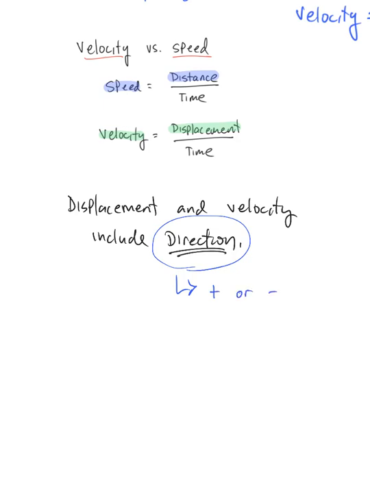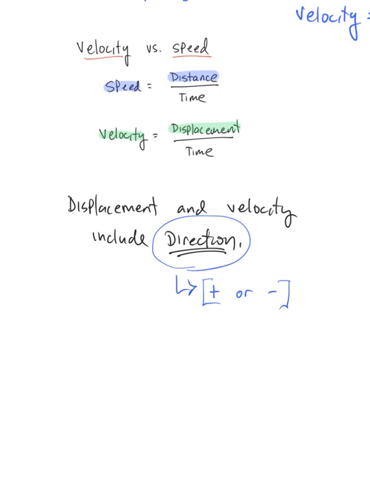You could imagine there's other ways of giving directions. It could be north or south, east or west, left or right. There's a whole bunch of different ways you could think about it. But for now, mathematically, we're just going to think about it as the positive direction or the negative direction.